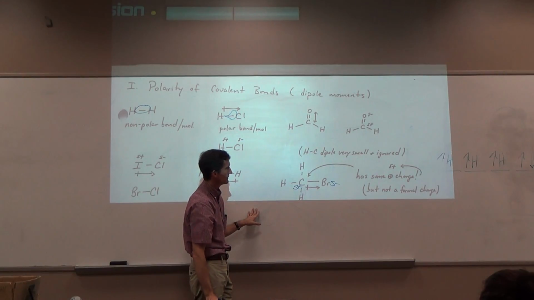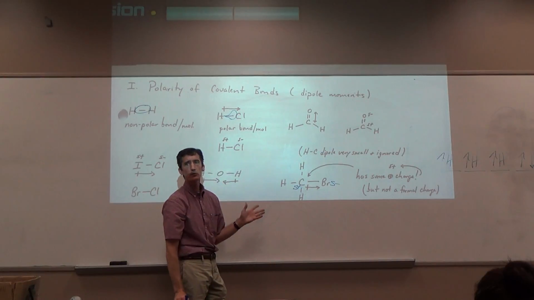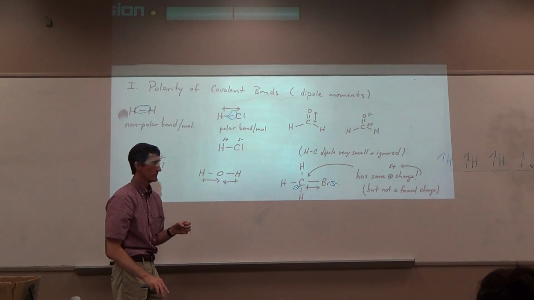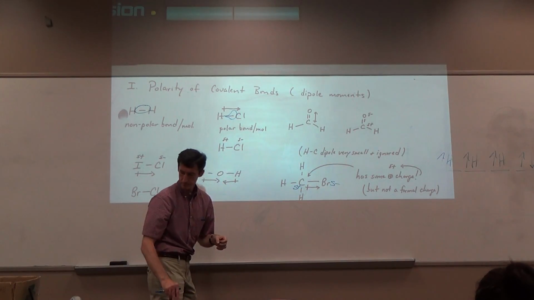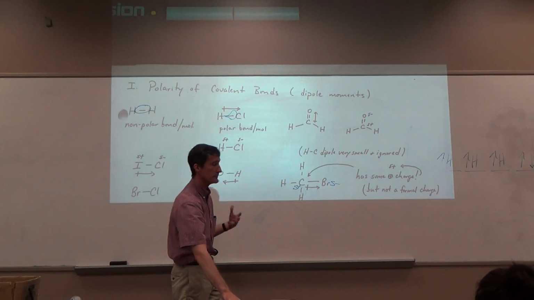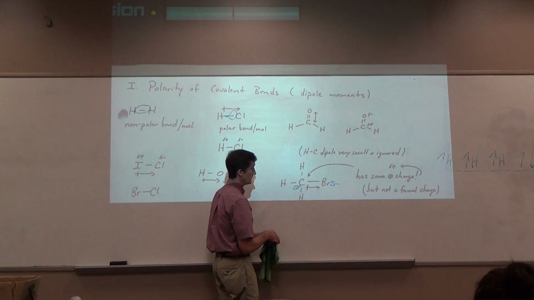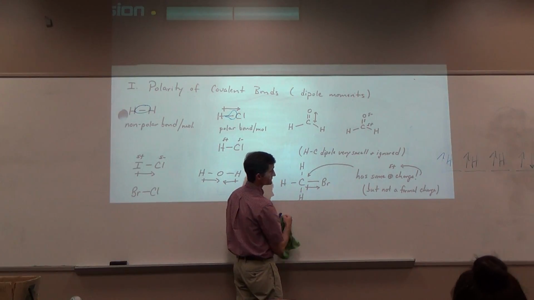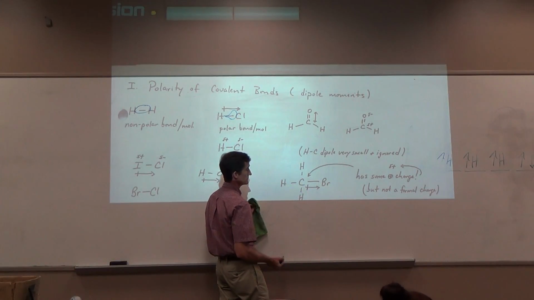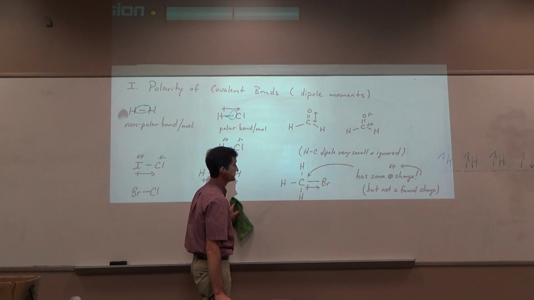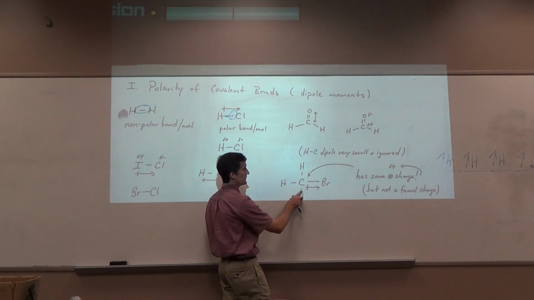So either one is acceptable, you don't have to do both. Ultimately, you got to know the consequences of this when you start using it. If you ask us to show a dipole, we could just put the partial charges on it or draw the arrow. Either way works for me.